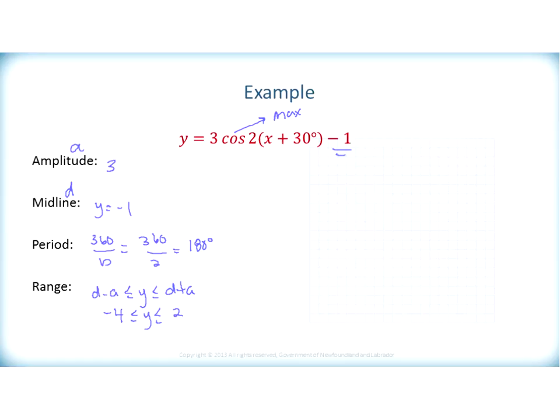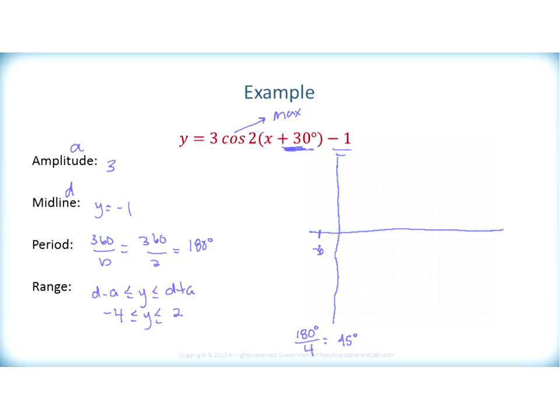I'm just going to sketch the graph here. And each point should go up by 180 degrees divided by 4, our period divided by 4. Each point should go up by 45 degrees. Now we are going to start at negative 30.